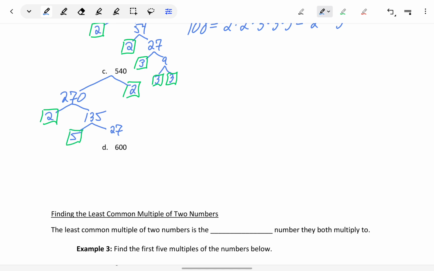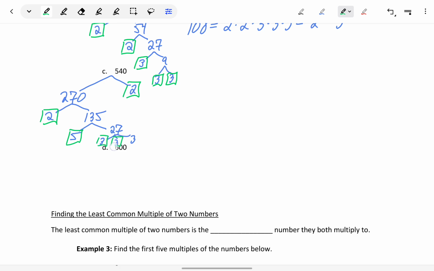5 is prime, so that branch is done. And I'm going to cheat a little bit, or take advantage of the work that we did in part B. 27, we ended up breaking into 3 times 9, and then 9 is 3 times 3. So 27 is going to break into 3 times 3 times 3.